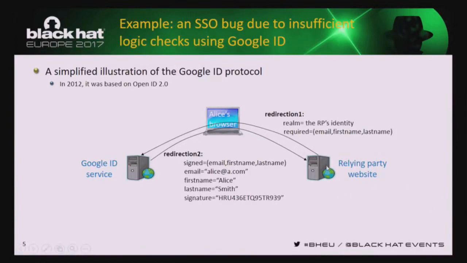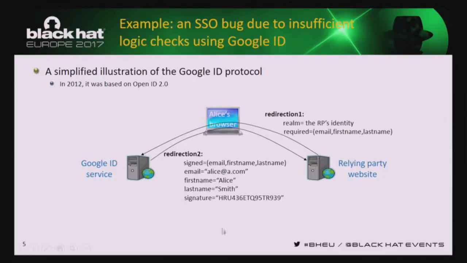So in this simplified explanation, I have only two browser redirections. A browser redirection is essentially a message sent from a website to the client. And if the client is an honest browser, the client should forward the message to the destination website. That is called a browser redirection.